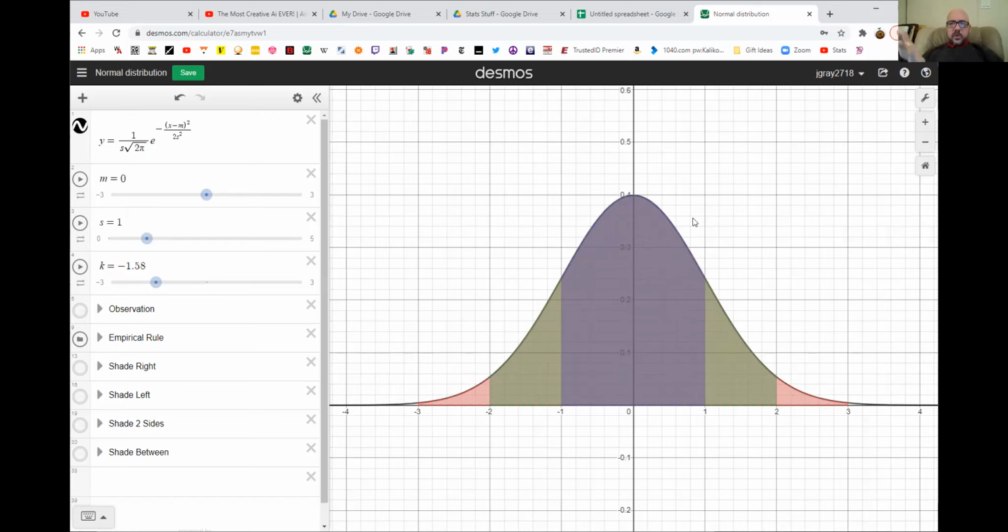What we used to have to do is, before calculators could handle normal distributions very well, which, by the way, was probably more recent than you think, about 1990, when calculators were powerful enough to start handling normal distributions. It was a couple years before I started college, and before that, people didn't really have graphing calculators, and they didn't have functions like NormalCDF in them.